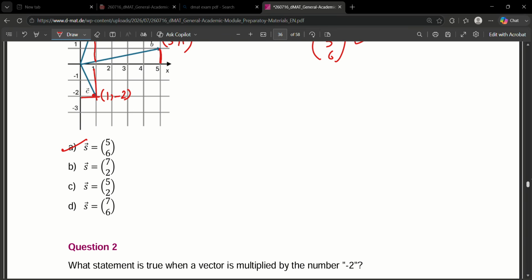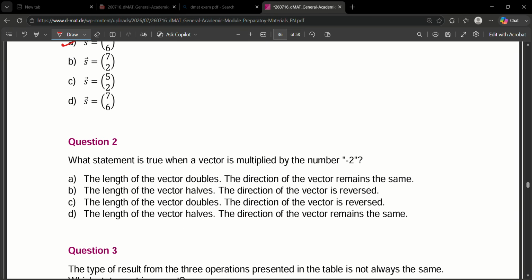Question number 2 is, which statement is true when a vector is multiplied by a number minus 2? You can take an example. Take the vector 2, 1 and multiply it by minus 2. The answer would be minus 4, minus 2.